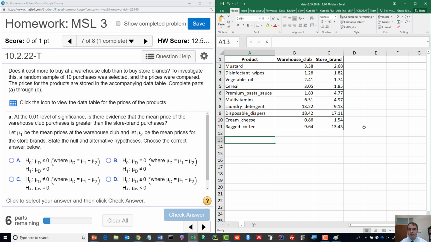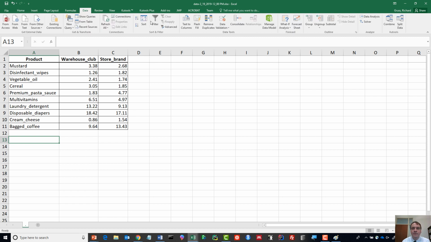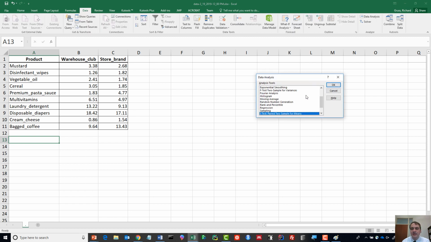Let's go ahead and run the test, and then we'll back up and take a look at the hypotheses. I'll go to Data Analysis and choose t-test: Paired Two Sample for Means. For the other one, we could have done t-test: Two-Sample Assuming Equal Variances, that's our independent samples t-test.